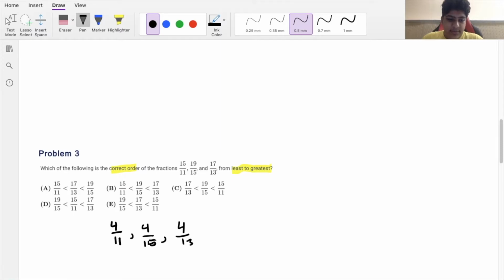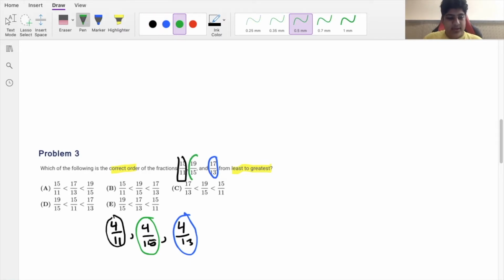So in this case, 4 over 11 is the greatest, then 4 over 13 is second, and 4 over 15 is last, which means that since the order is preserved in our initial one, 15 over 11 is the greatest, 17 over 13 is the middle one, and 19 over 15 is the smallest.